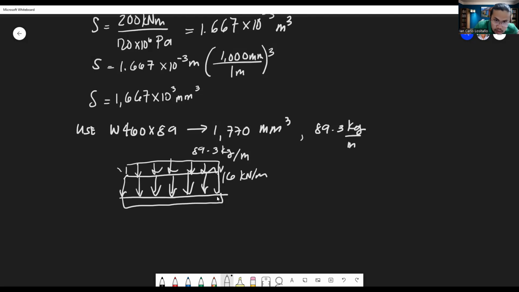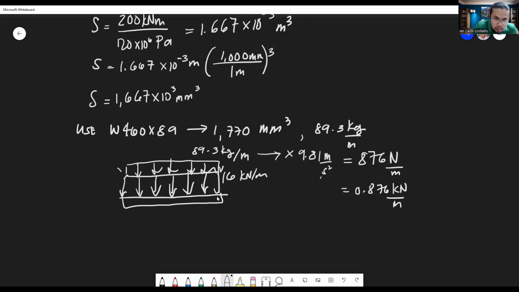The equivalent of this is times 9.81 meter per second squared, which would yield 9.81 times 89.3, which is 876 newtons per meter, or 0.876 kilonewton per meter.